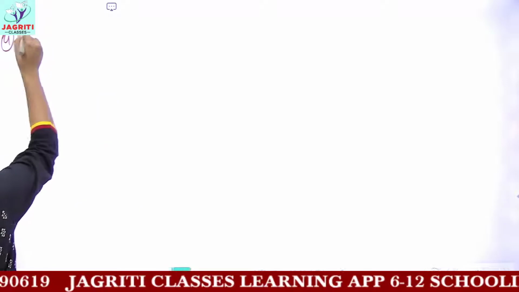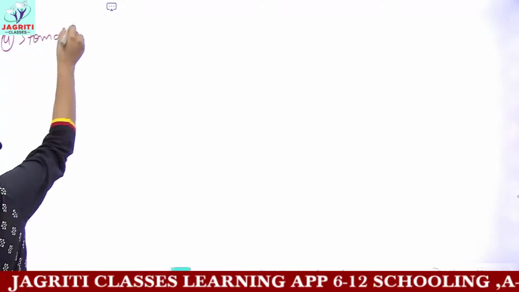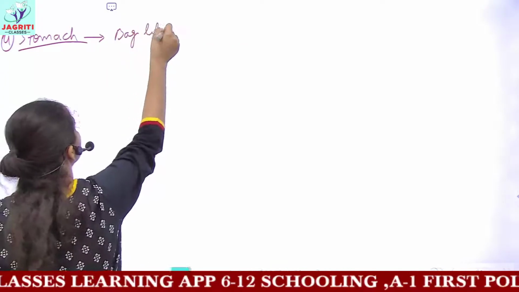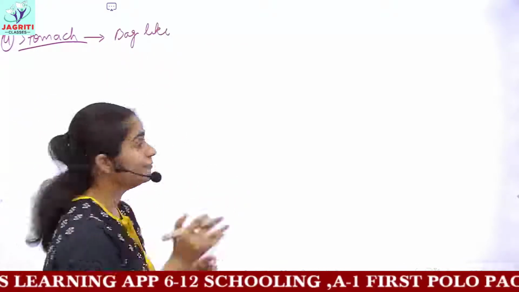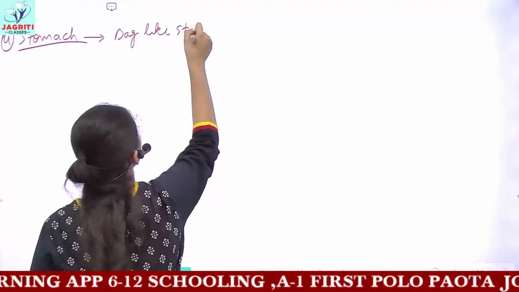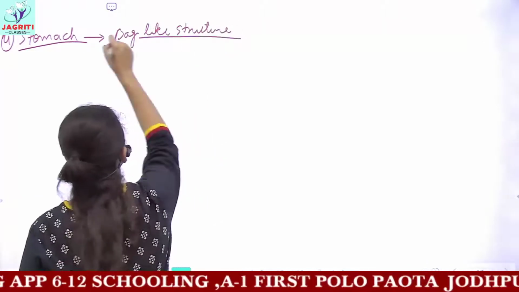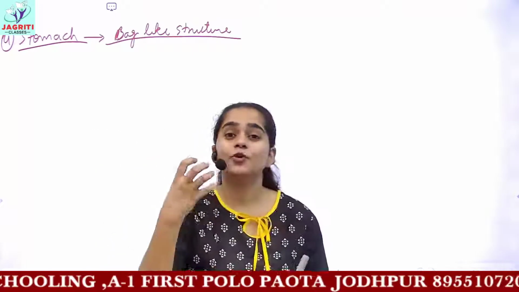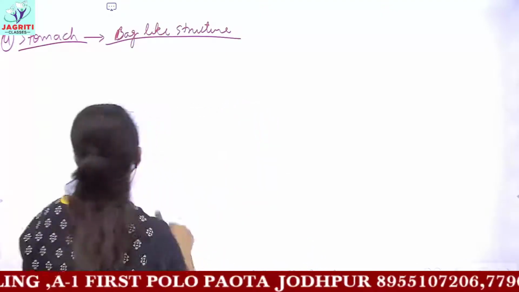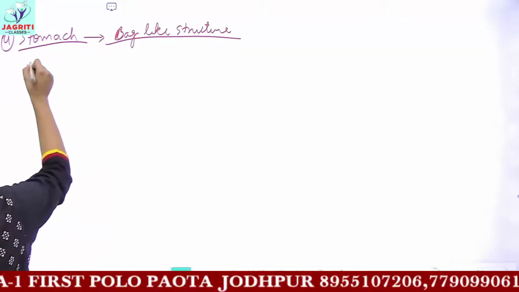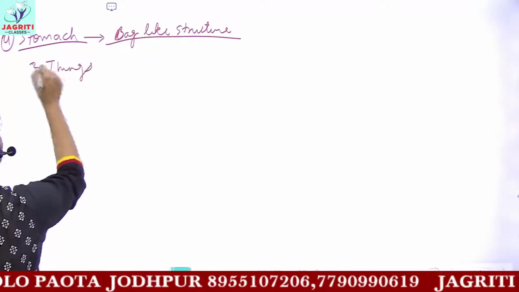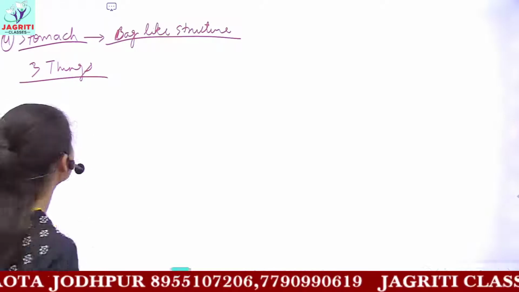Now the next is the stomach. The stomach is a bag-like structure, or you can say a wide part of the alimentary canal. As soon as the food reaches your stomach, remember three important things about the stomach.